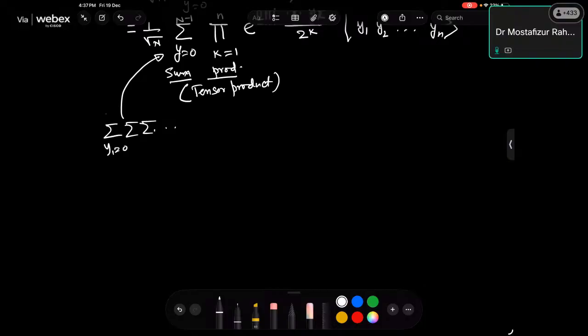And this first-hand part, we just know this is the sum of y1 equals 0 to 1, y2 equals 0 to 1, so on up to yn equals 0 to 1. This is the binary breakup of this first term, right?